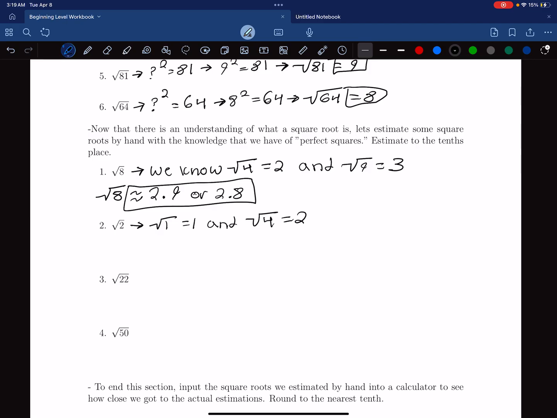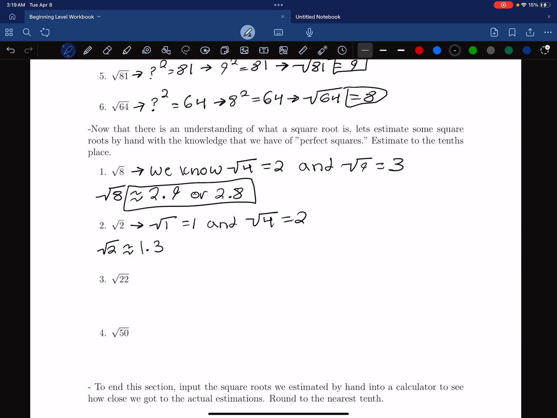So with that knowledge, we can approximate the square root of 2. Because the square root of 2 is closer to 1 than it is to 2, I would say the square root of 2 maybe is 1.3.